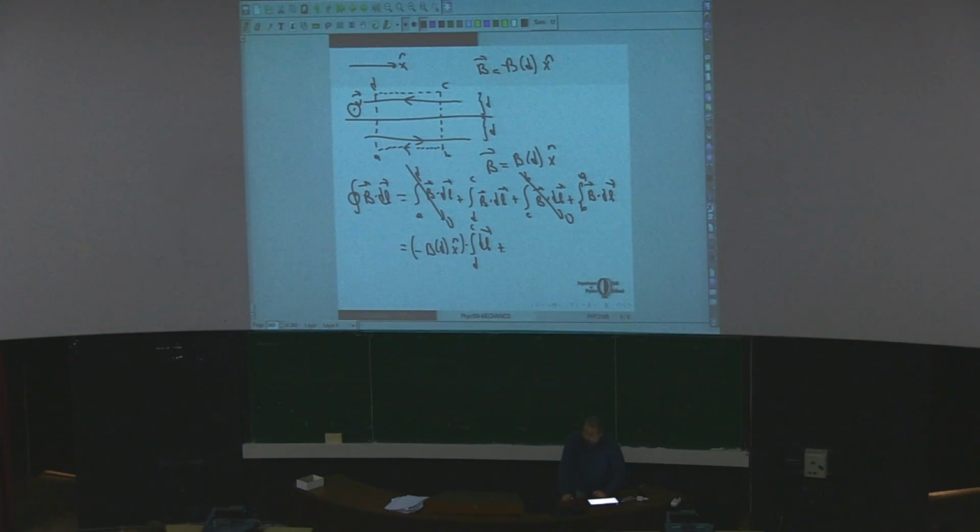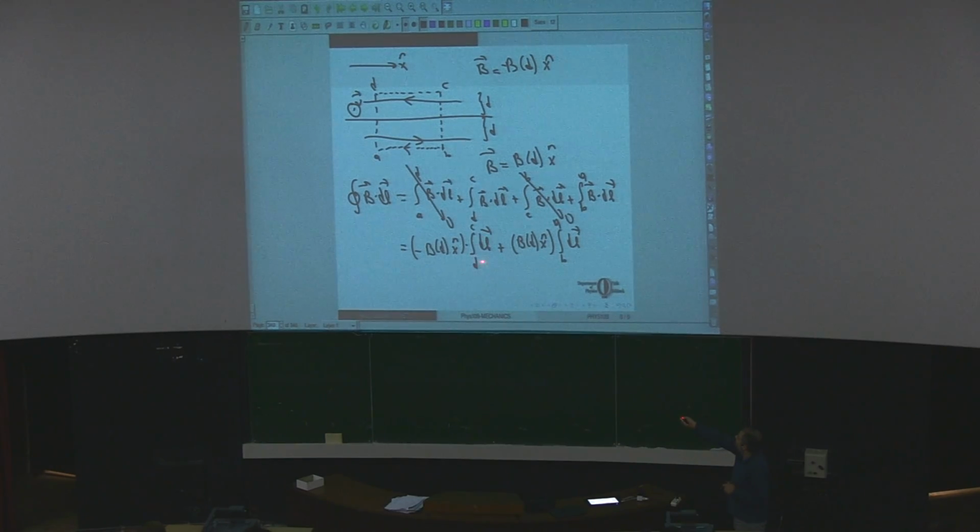Plus, as I'm going from B to A, again the magnetic field is just constant. It's given by this expression, times the integral from B to A of dl. These are just constants, so I just took them out of the integral.